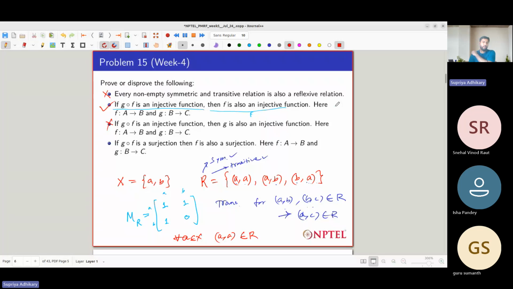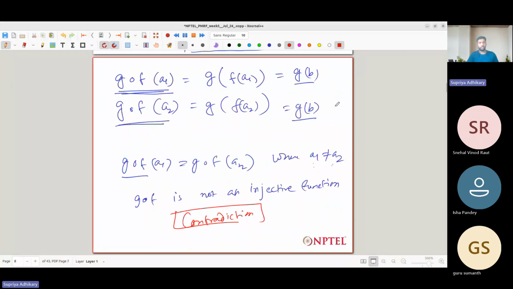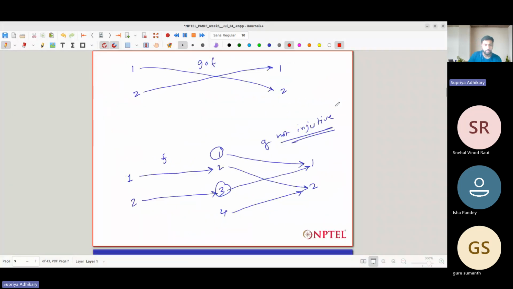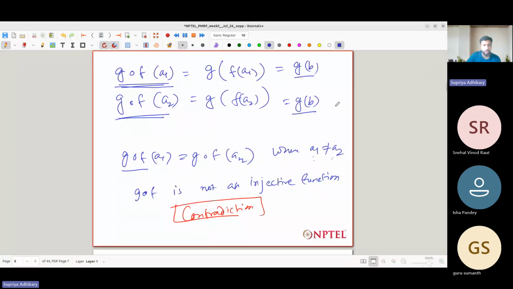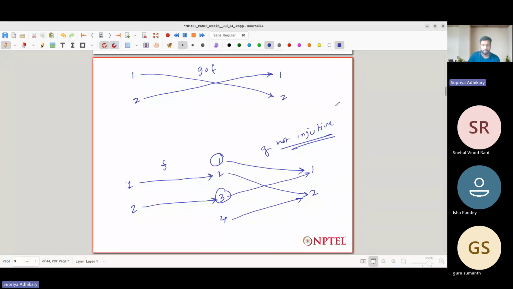Now finally we have: if g∘f is a surjection, then f is also a surjection. So we will disprove this also. This is not necessarily true. So again, we will give an example. We can use the same example.